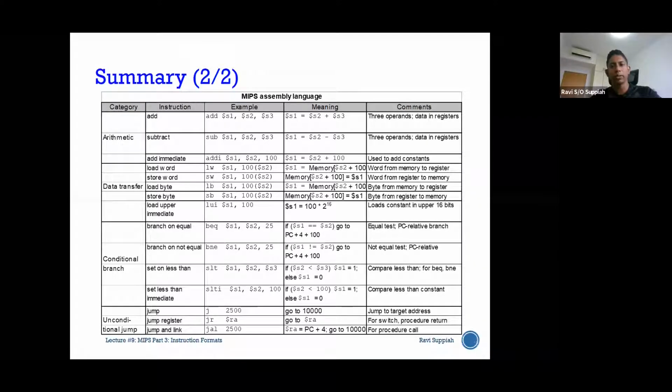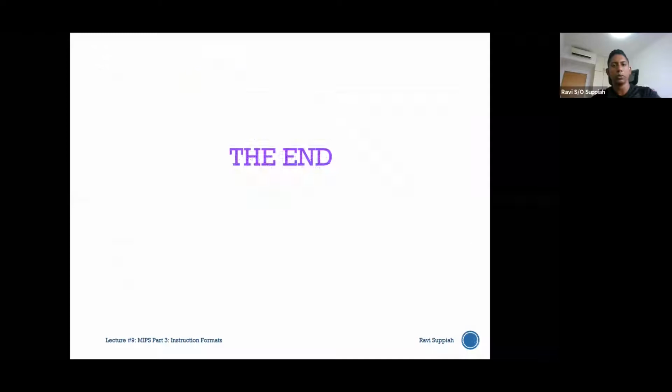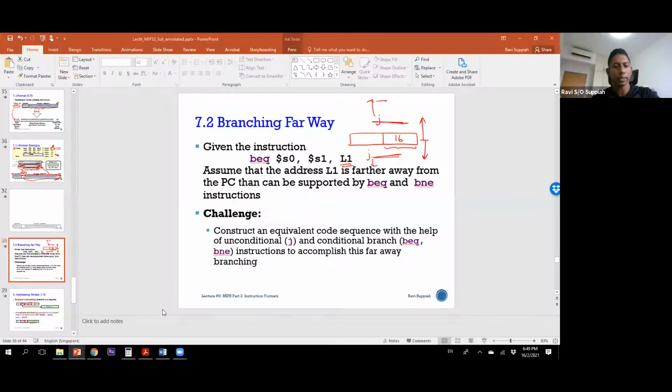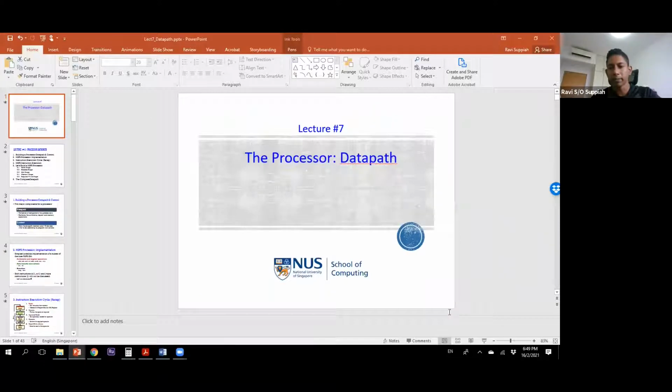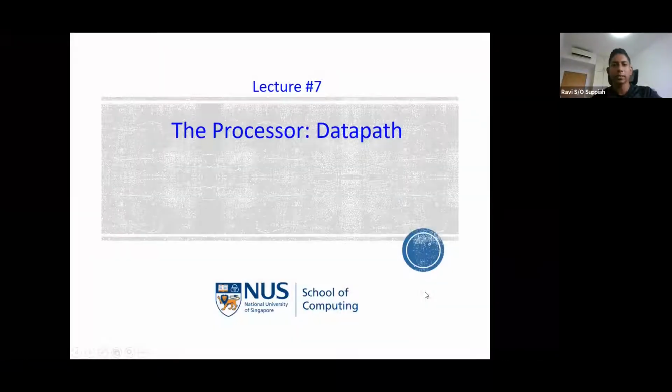Now the next lecture we're going to go to is the one on the data part. So let's move on to the data part lecture slides. Lecture 7. In lecture 7 here, what we are going to be looking at is a very important part of the whole processor design.